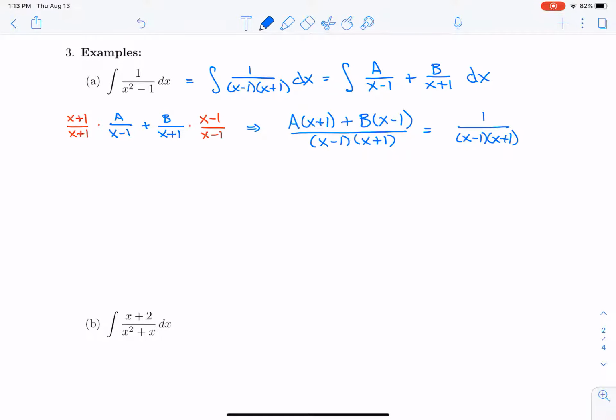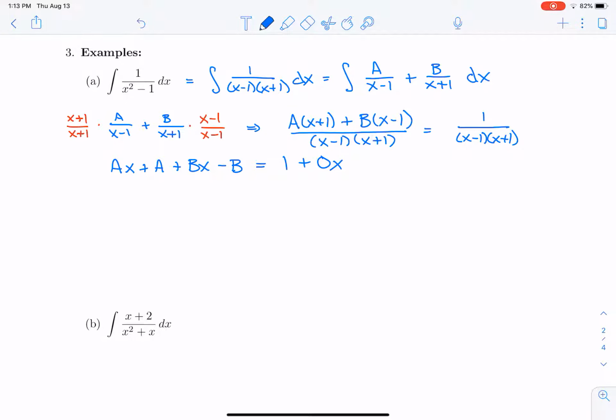So the two numerators must be equal. So it must be that Ax plus A plus Bx minus B equals 1. But I'm not going to think about it just as 1. I'm going to think about it as 1 plus 0x.